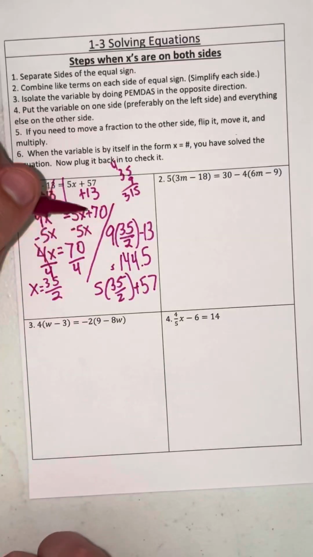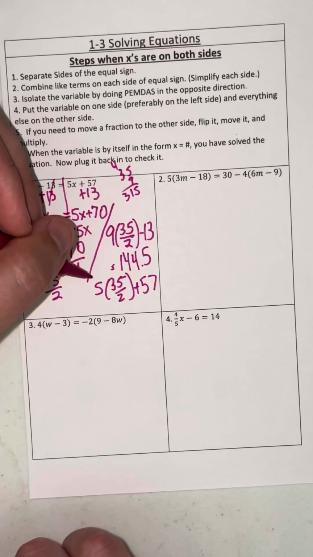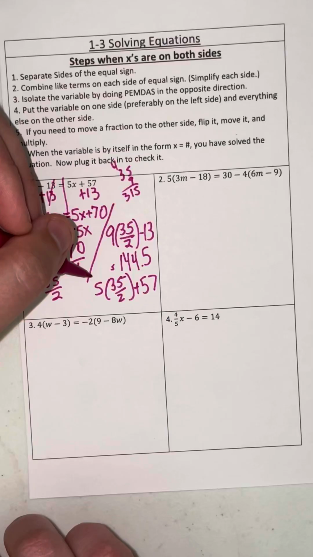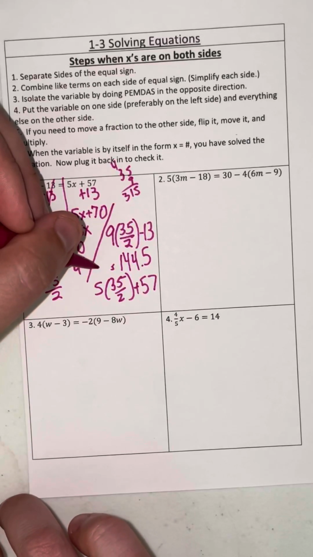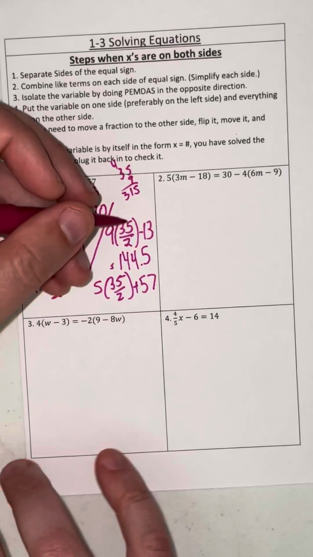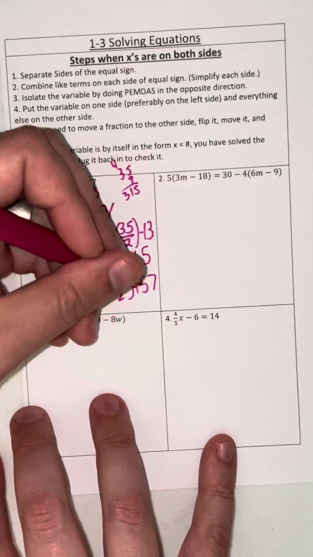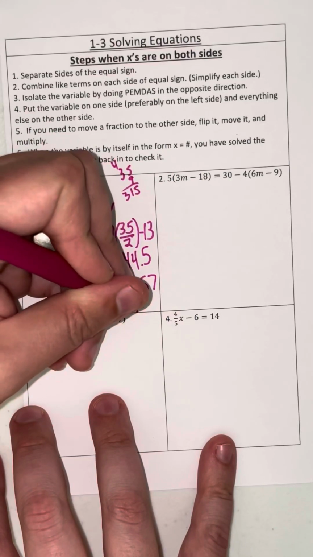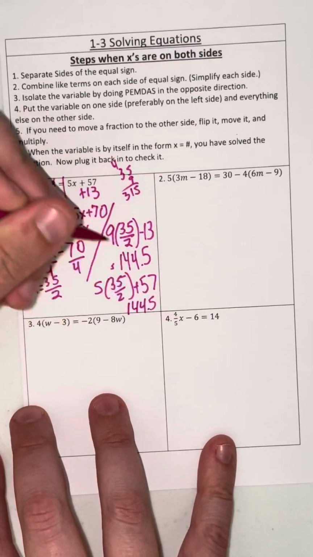Half of that would be 87.5, I believe. Then I add 57 to that, and I end up again with 144.5.